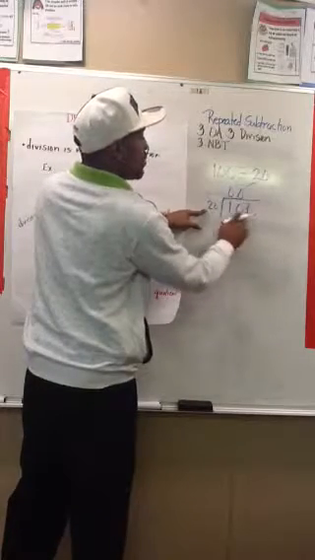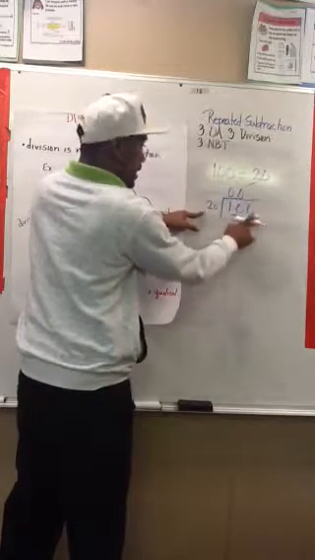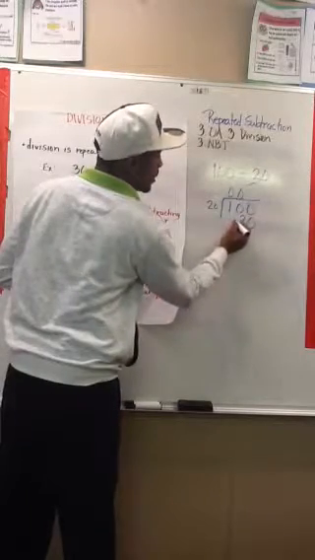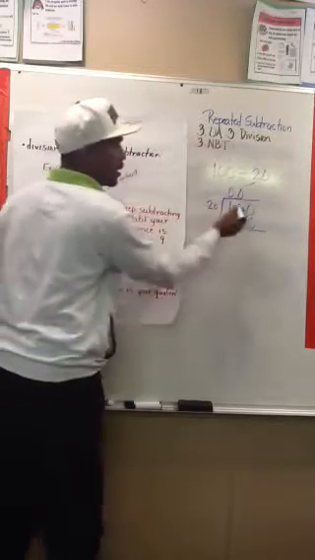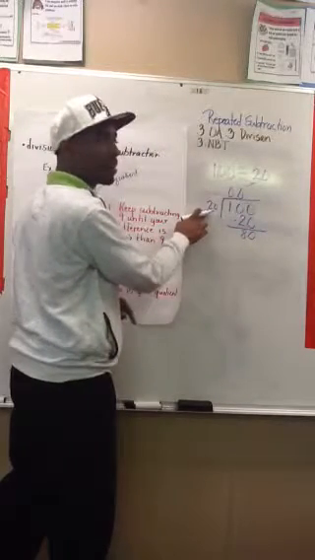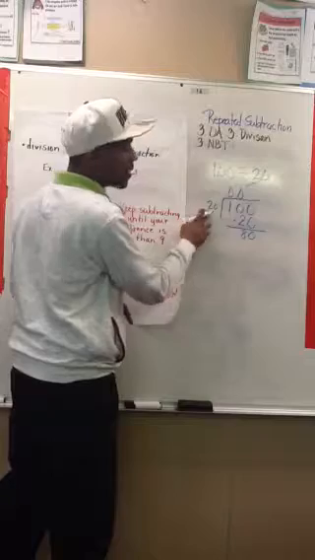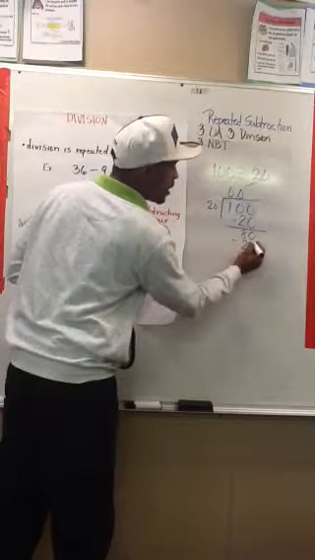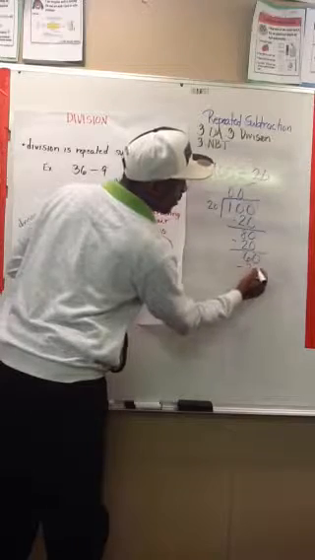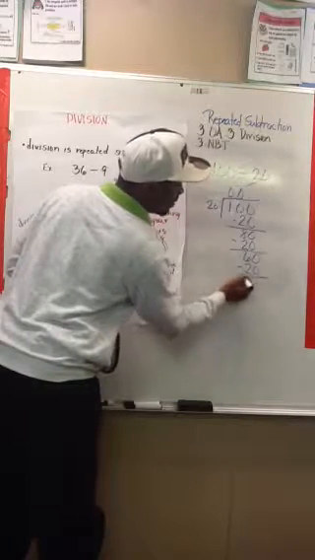Can I take 20 from 100? Ding, ding, ding. Yes, I can. So start the subtraction under the 100. 100 minus 20 is 80. Do I have a number that's smaller than my divisor? No, Mr. Gray. So keep going. Keep subtracting until your difference is smaller than your divisor.